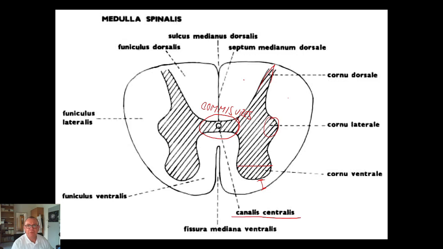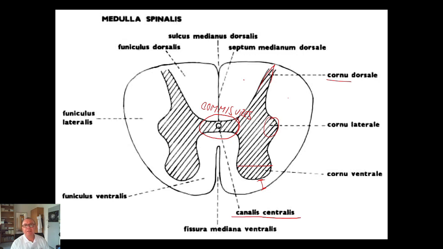You use the word horns, or in Latin cornua, if you speak about the two-dimensional section of the spinal cord. If you speak about the three-dimensional structure of the spinal cord, let's prefer the term column. So there are dorsal columns, ventral columns, and lateral columns, which are visible in the section as horns.